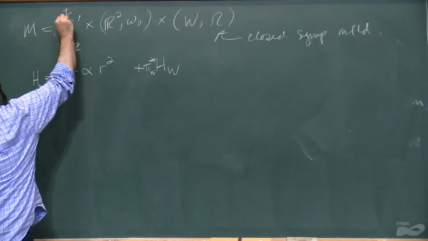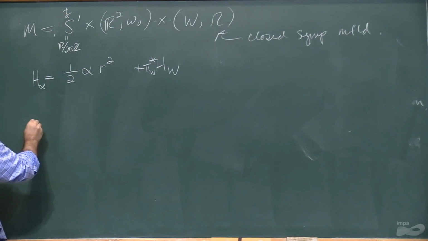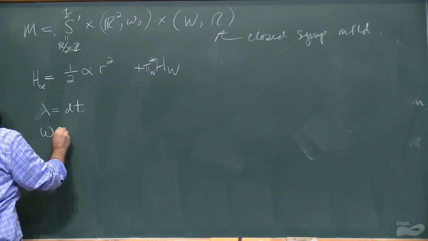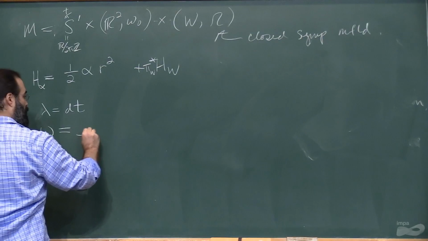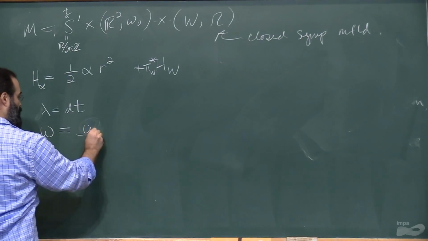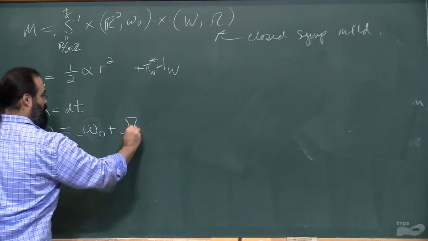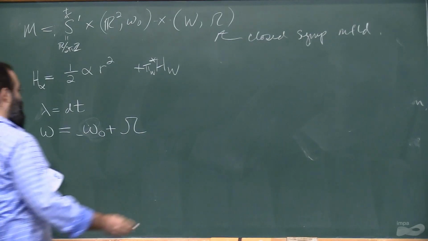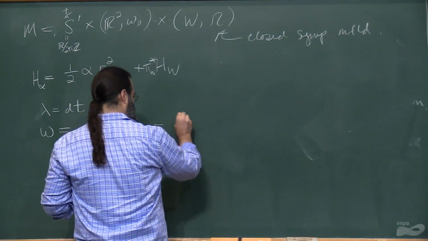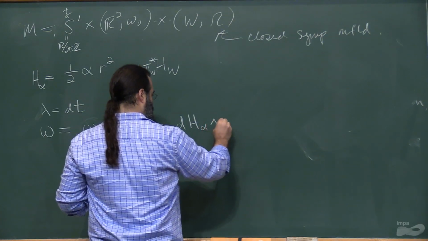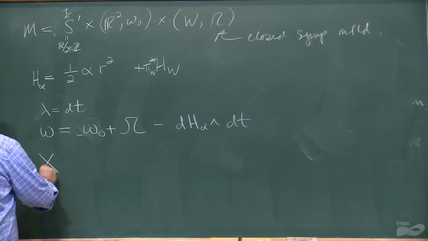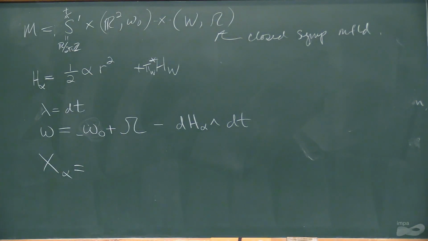I'm going to call my variable here now t. So lambda, the one form, is just going to be dt. Omega, the two form, will be, again suppressing my pullbacks, the pullback of the symplectic form on that manifold, plus, or I think I have minus, dH alpha wedge dt. So the Reeb vector field, which I'll denote by X alpha, the dynamics decouple here.